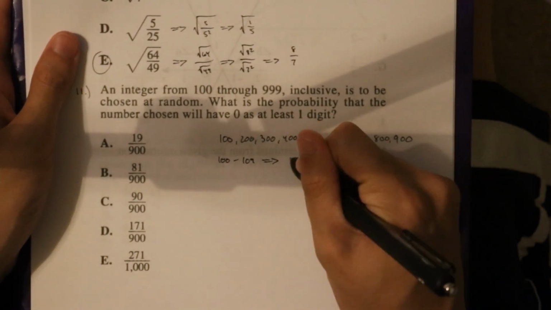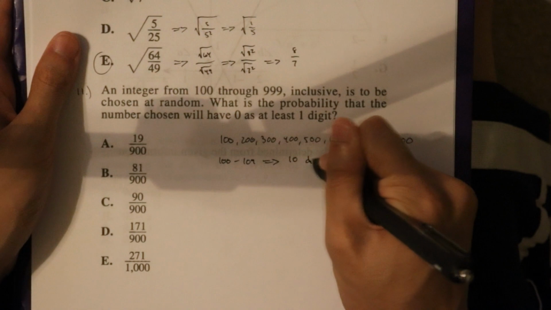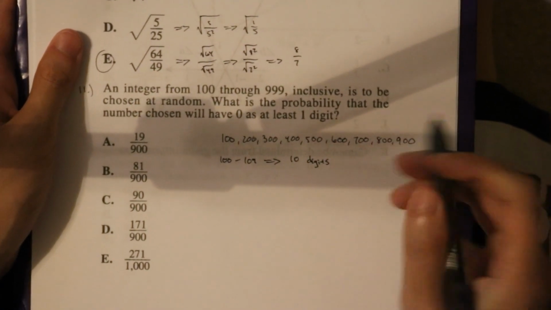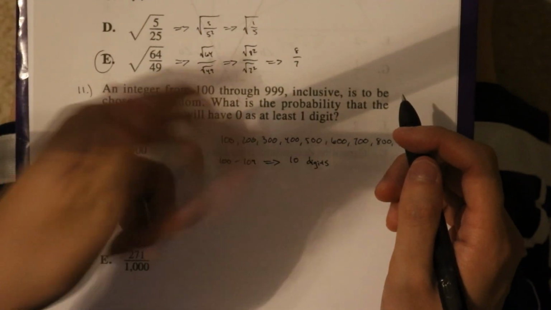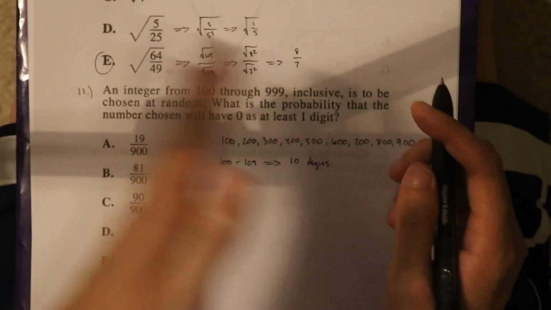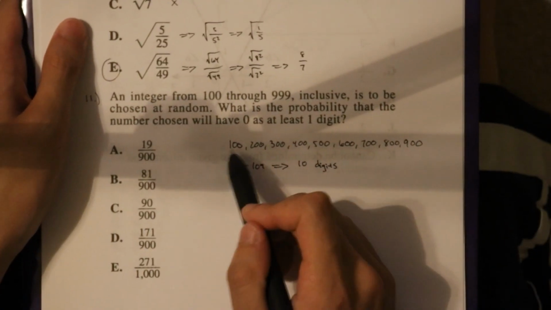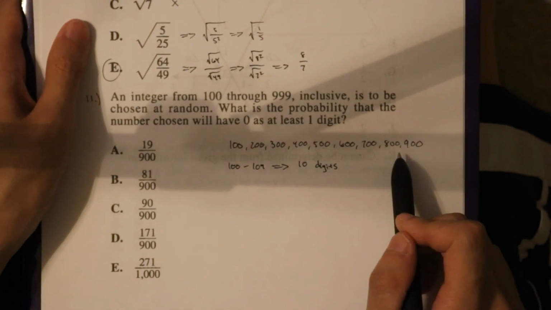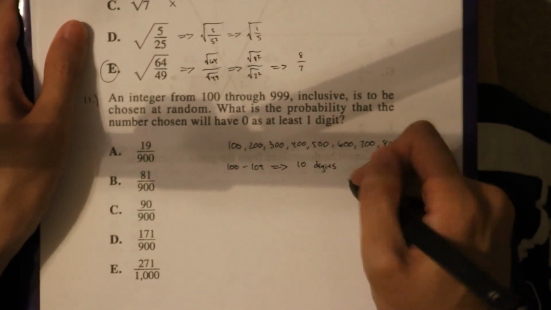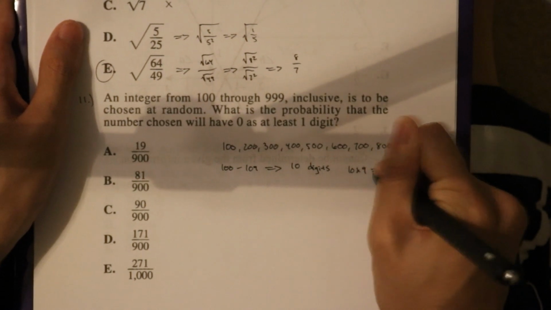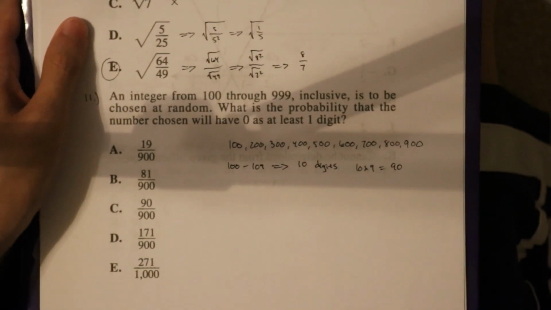That will include 10 numbers that have the zero in it, like 100, 101, 102, 3, 4, 5, 6, 7, 8, 9. And take into account that because we're looking at the hundreds as well, that's 9 of them. So that means 10 times 9 equals 90 numbers that had the 0 as the tens digit.